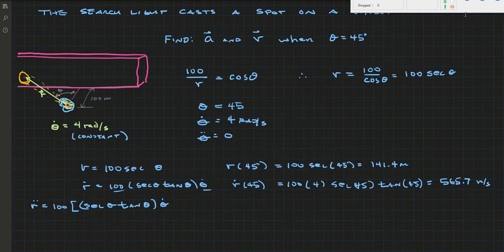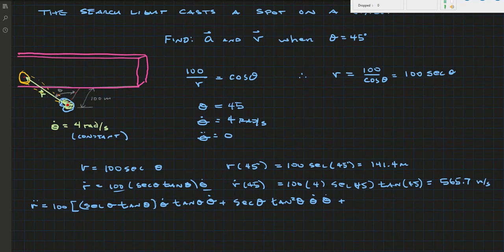And then of course we've got to tack on tangent of theta unchanged and theta dot. So that's our first term. The second time we'll take the derivative of tangent of theta. So secant of theta is unchanged, and then the derivative with respect to time of tangent of theta is tangent squared theta, theta dot, and then the other theta dot remains unchanged.